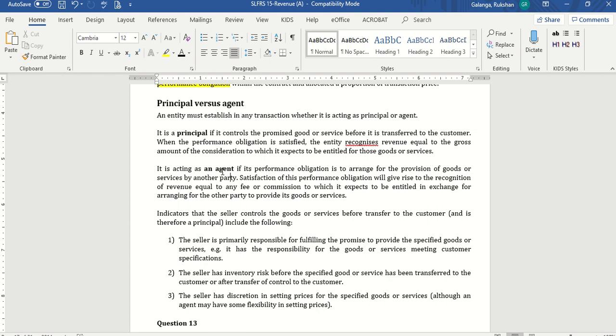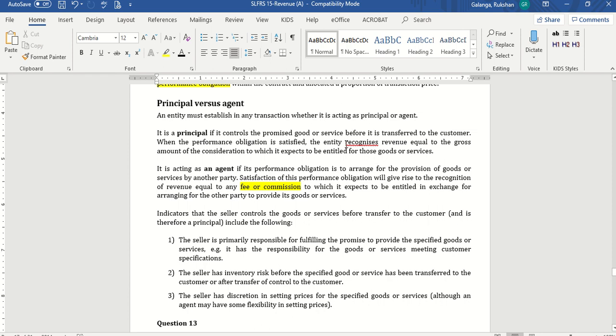They can't. What can they recognize? They can recognize a commission for that, right? Satisfaction of this performance obligation will give rise to recognition of revenue equal to the fee or commission. So here they are not recognizing the gross revenue. They recognize the fee or the commission.